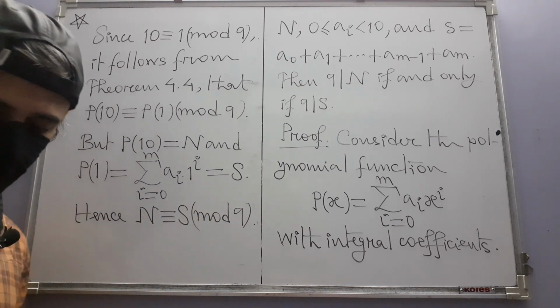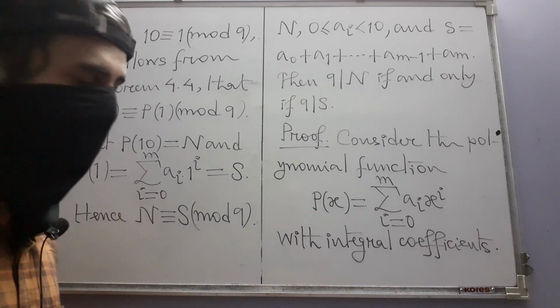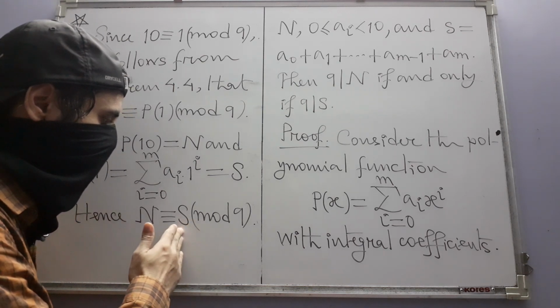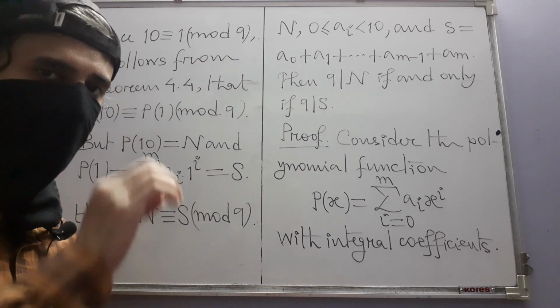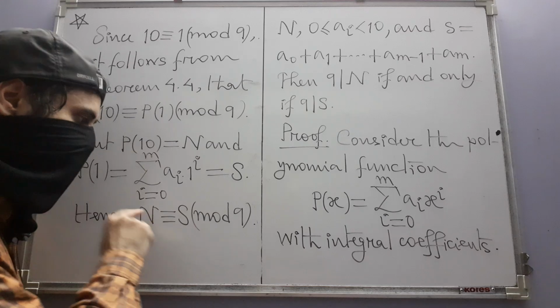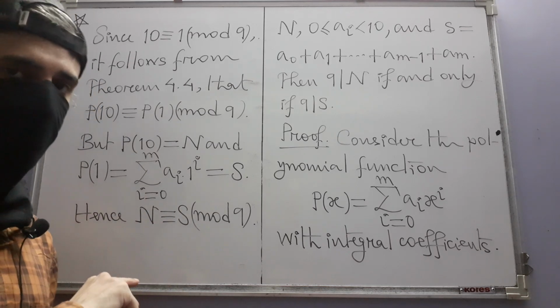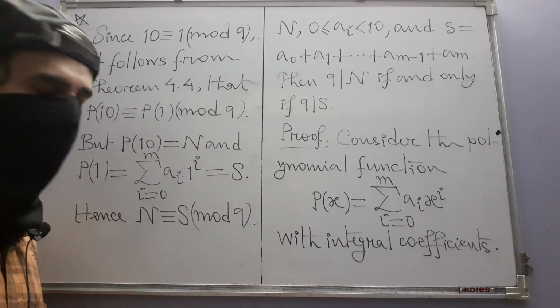Why? Because say 9 divides S, what does it mean in terms of remainders? It means that the remainder that S leaves when divided by 9 is 0. So that should also be the remainder when you divide N by 9, and that is why 9 will also have to divide N, and conversely.